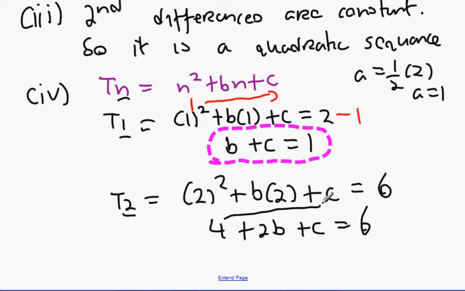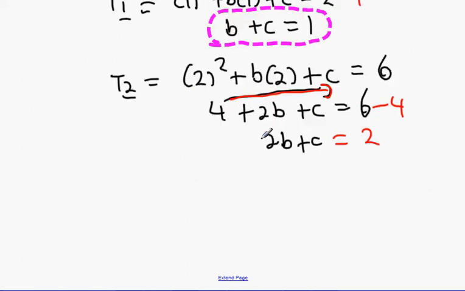Bring over the 4. 2B plus C, when you bring over the 4 it becomes a minus 4. 2B plus C equals 2. Put that in the bubble there to signify you have your two equations.